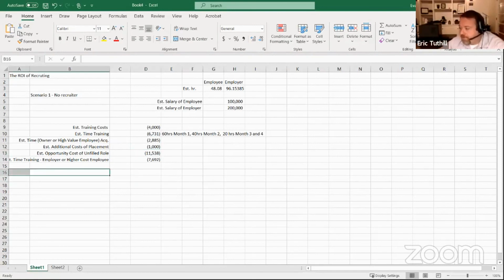And then we have the estimated time of training from a higher level employee that they're going to be investing in these people, right? A lot of these things are going to happen regardless of whether you're there or not. But if you can get people in there early enough, fast enough, with the right skills in place so they don't have to spend as much time training, you can save quite a bit of money, right?